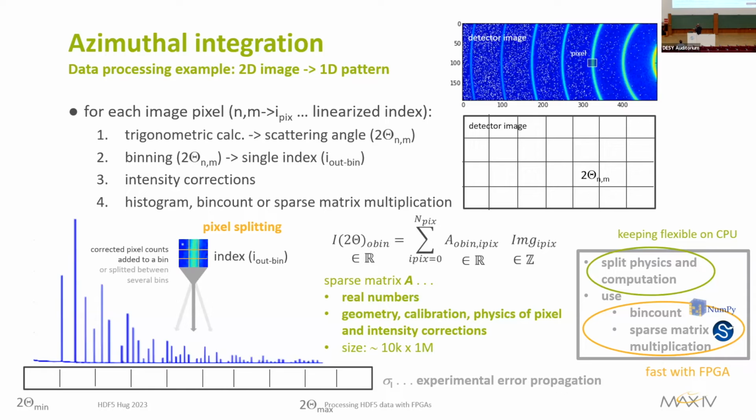But actually, it's just bin counting with some multiplications, or you can describe it as a sparse matrix multiplication, where the sparse matrix is, for example, 10,000 by 1 million, because one dimension is pixels and one dimension is the size of the 1D result. In this way, you can also nicely split the physics and geometrical part and do it on the CPU, and you can do the high performance, high throughput things on, for example, a compute accelerator, or you can do it with NumPy bincount and sparse matrix multiplication.